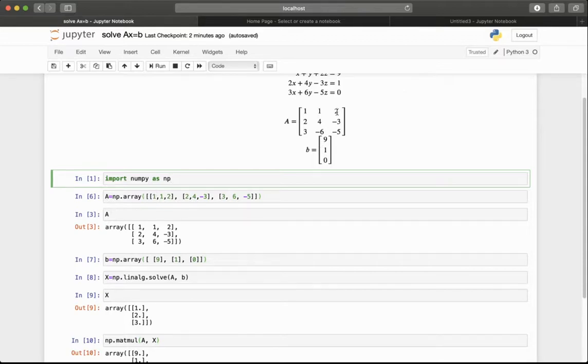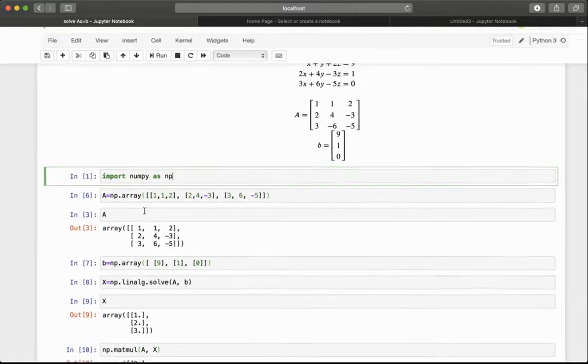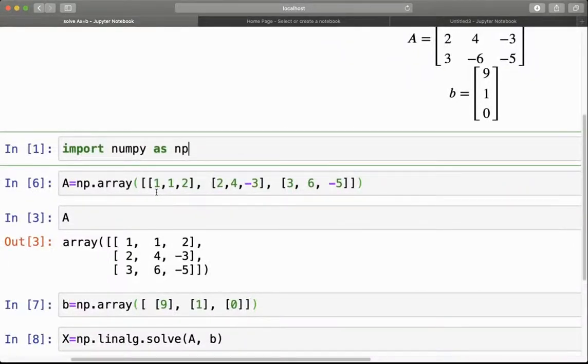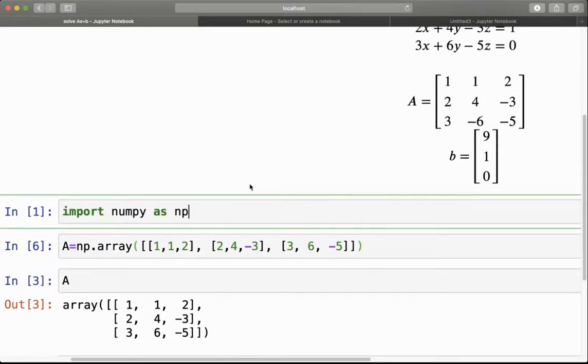Okay, so first we want to create this matrix A in Python. And here's the notation to do that. We set A equals np, so that refers to the NumPy library or module, and then it has an array. These matrices in Python are called arrays, and the notation is using lists. First of all, there are round brackets, and within that, there's a square bracket, and within those outer square brackets, there are the rows of our matrix, and each row itself is surrounded by square brackets.